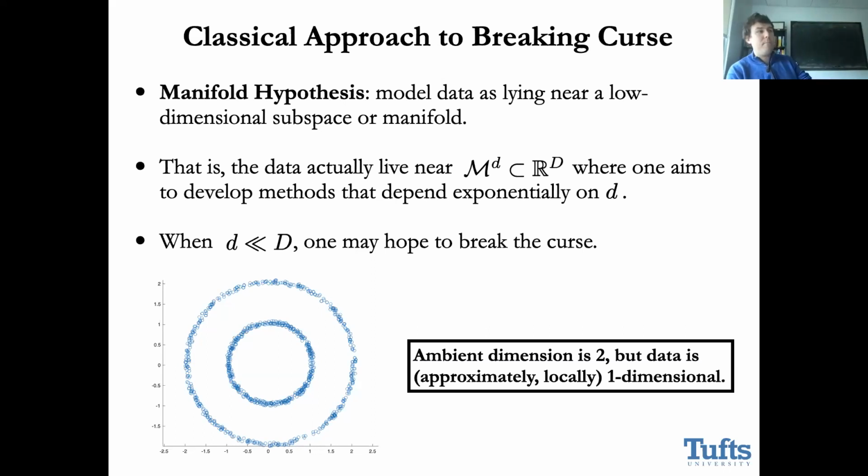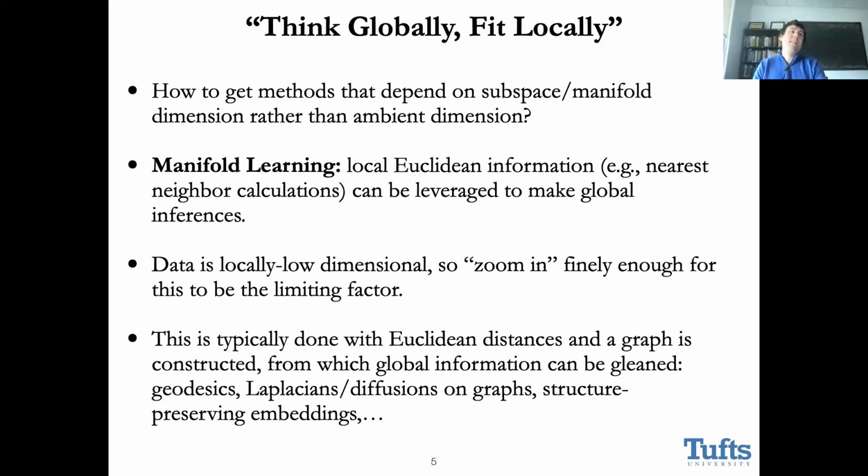And I want to argue that despite its benefits, there are some regimes in which it's clearly not a reasonable model. Assuming your data has this low dimensional structure can lead to a lot of nice algorithms that can be quite efficient computationally and statistically.